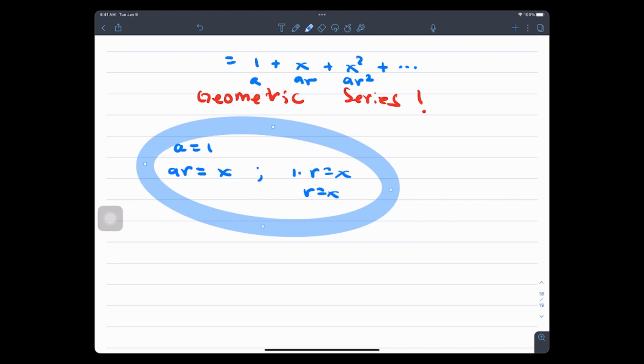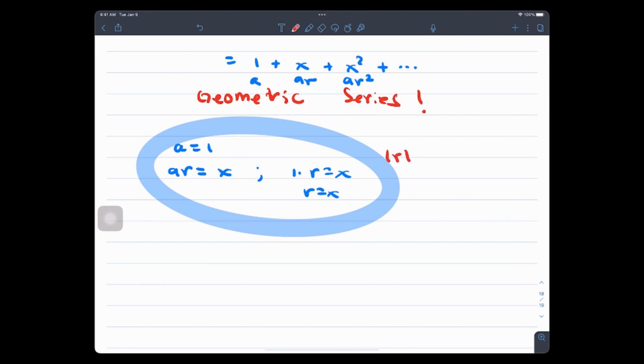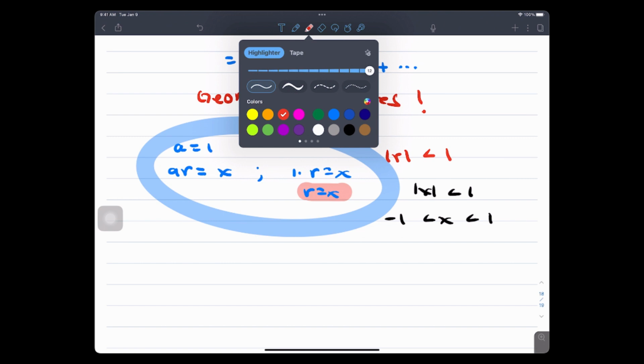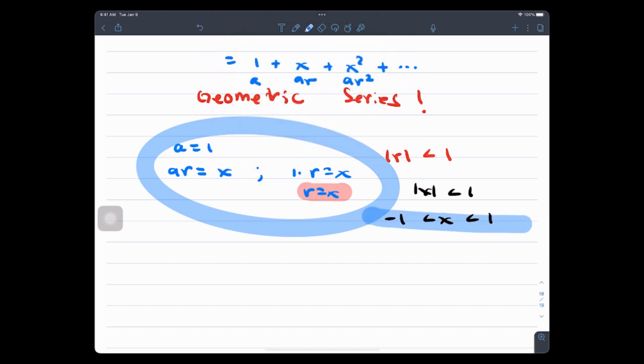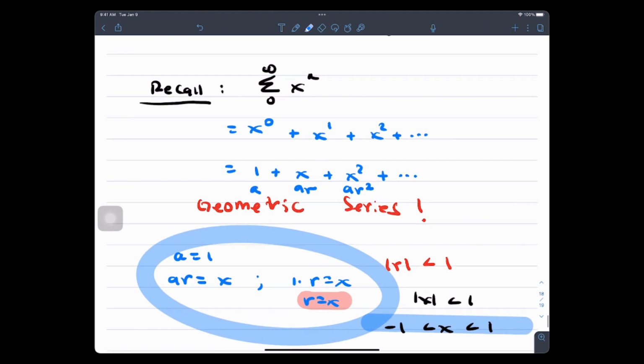When do you have convergence for a geometric series? When the absolute value of r is less than 1. Well, in this case, what is r? x. When do you have convergence? When the absolute value of x is less than 1, which means -1 is less than x, which is less than 1. That's what we care about, ladies and gentlemen. This is what we're looking for. We care about the values of x for which this series converges. It's called a power series. It's a variable series now.